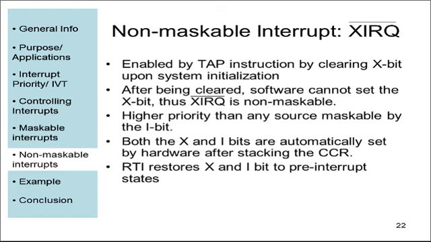After being cleared, software cannot set the X bit. Thus, XIRQ is non-maskable, with higher priority than any source maskable by the I bit. Both the X and I bits are automatically set by hardware after stacking the CCR. RTI restores the X and I bits to pre-interrupt states.